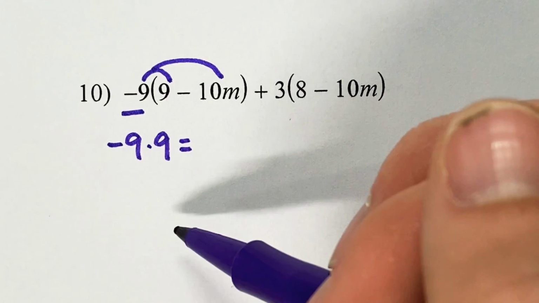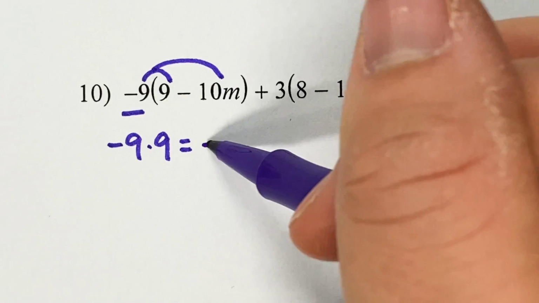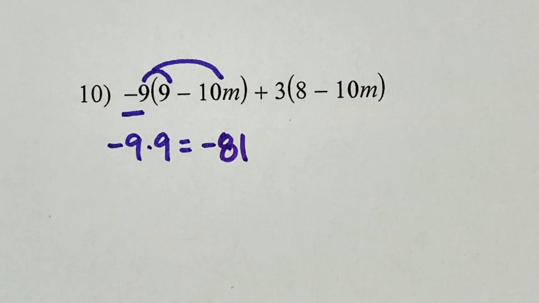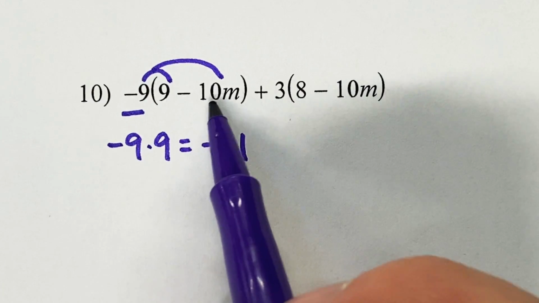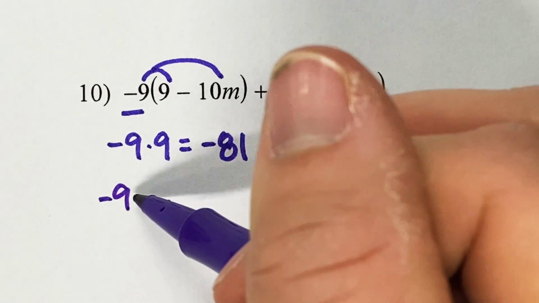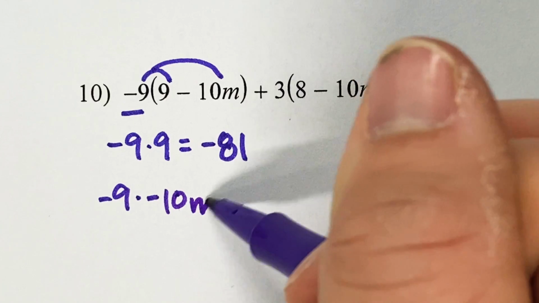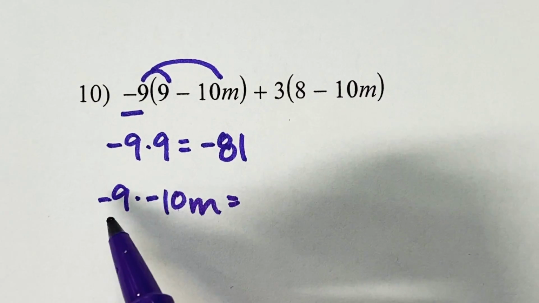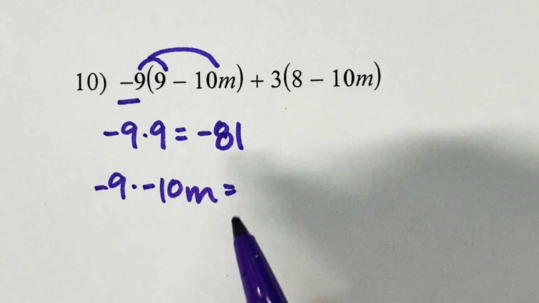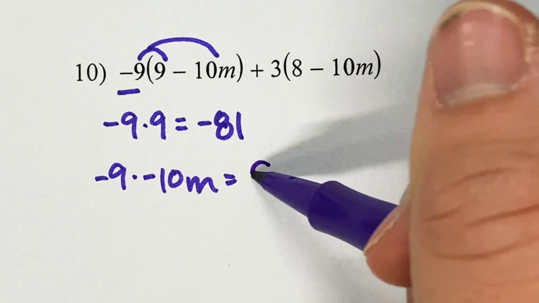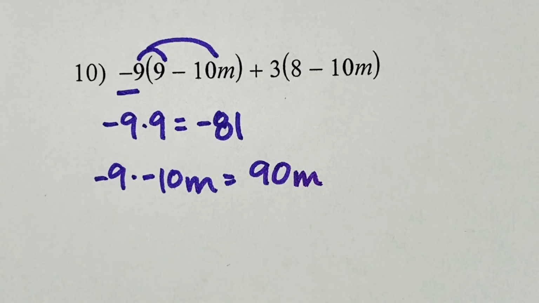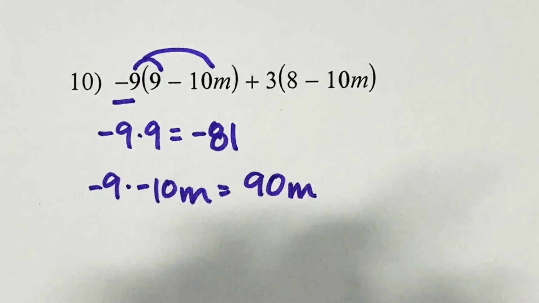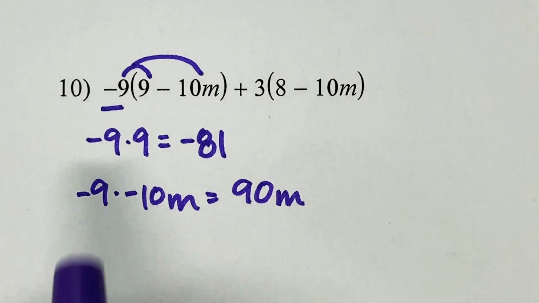Negative 9 times positive 9 is going to give me negative 81. Okay, then we have a negative 9 times negative 10m. So we have a negative multiplying by a negative, which is positive, so 9 times 10, 90. There was 1 m attached to that, so 90m. Okay, we're just going to leave those for just a second. Okay, so we'll say that that was our first set.